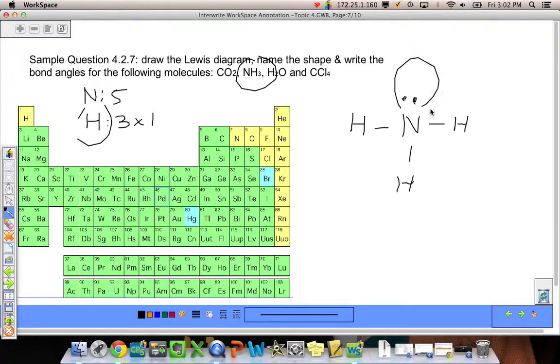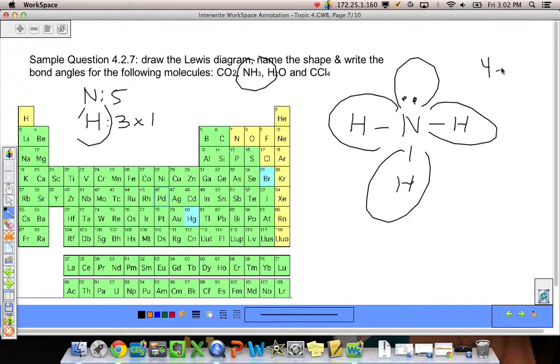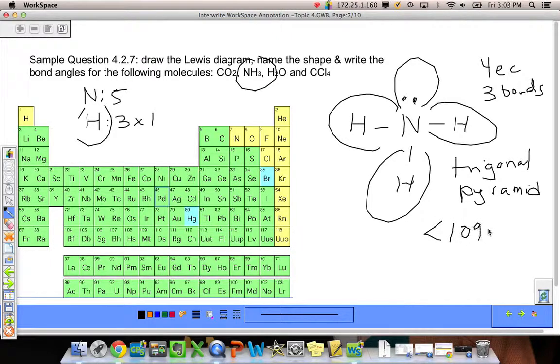I have 1, 2, 3, 4 electron clouds, 4 ECs, but only 3 bonds. So this is trigonal pyramid. And that has a bond angle less than 109.5 degrees.